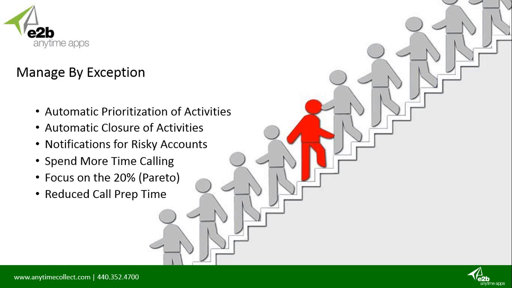If 80% of my revenue is coming from 20% of my accounts, then 80% of my past dues are probably related to those accounts, if not more, because they're probably my better customers. Let me focus on that 80% of the revenue, those 20% of the customers. If I can focus there and make an improvement, especially with automation, I can move the needle relatively fast. And again, reducing my call prep time, because I'm going to have in a system everything I need at my fingertips.